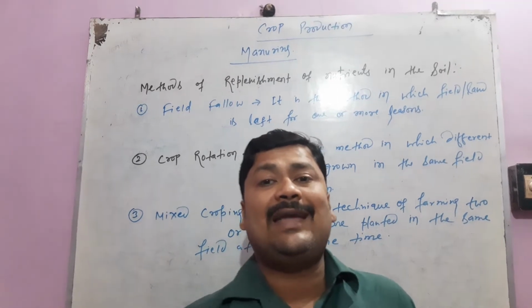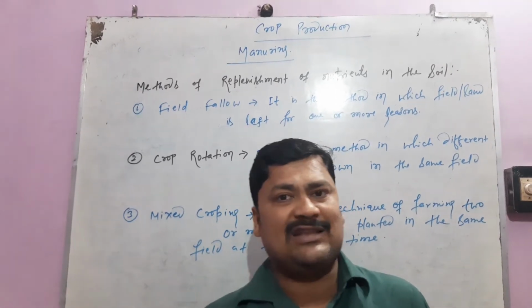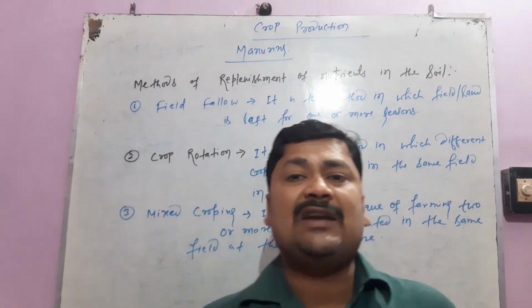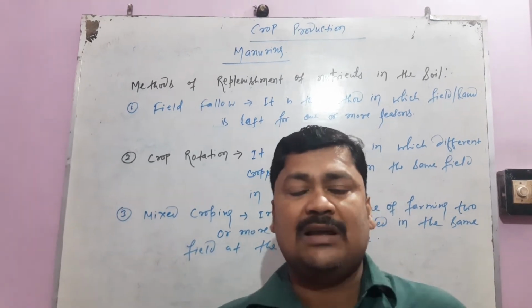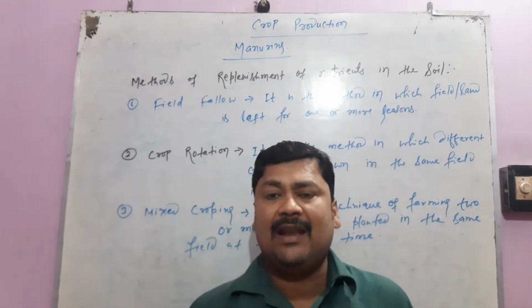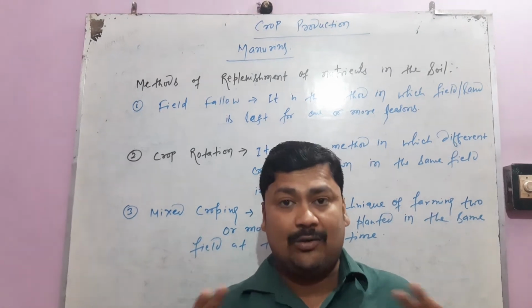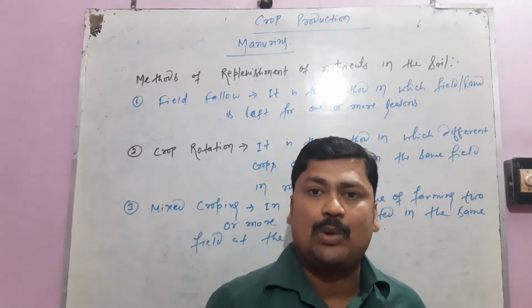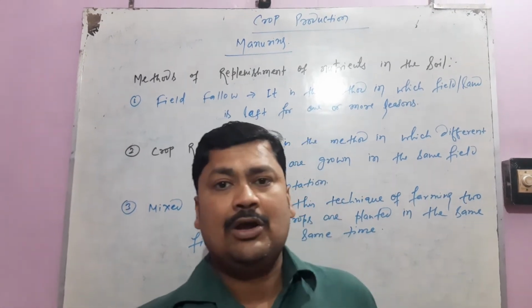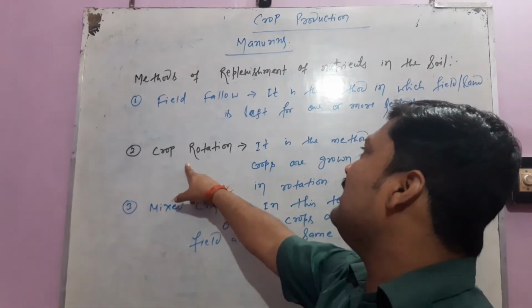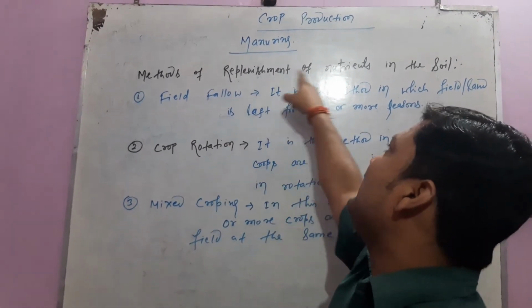Plants that contain rhizobium bacteria in their roots are known as leguminous crops. These leguminous plants are very helpful, as they convert the nitrogen present in air or in soil into nitrogenous compounds. So it is also a method by which the soil replenishes its nutrients.